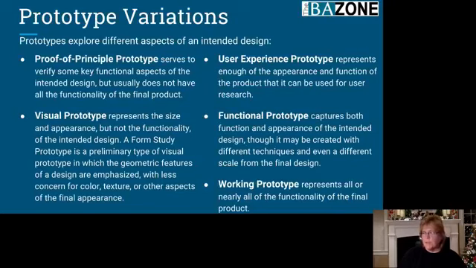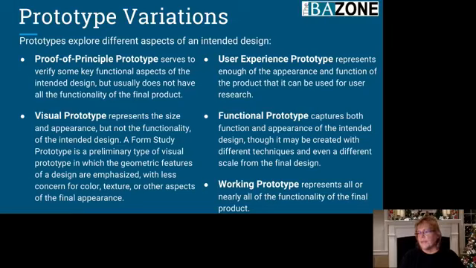And prototypes come in different variations depending on the different aspects of the intended design. They can happen over and over again, but a lot of times they sort of start in order. Like a proof of principle prototype is just something that says, is this feasible to do?